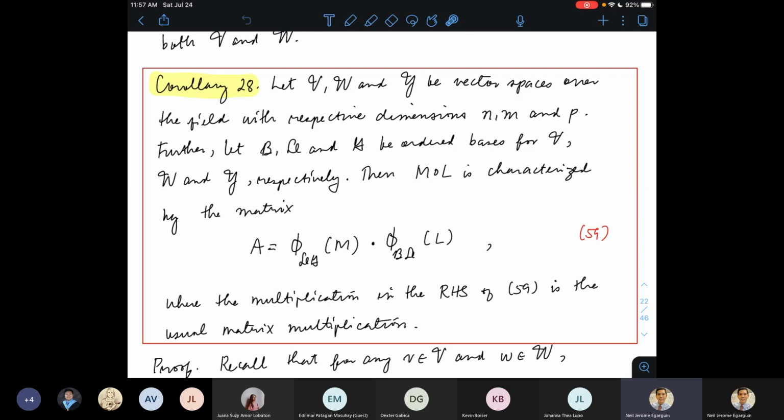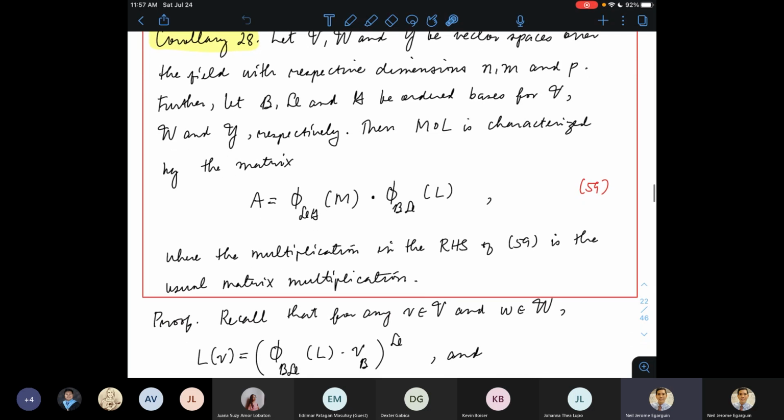But thankfully, this theorem does the work for us. It says that M circle L is actually represented by the product of the matrix representatives of M and L respectively.